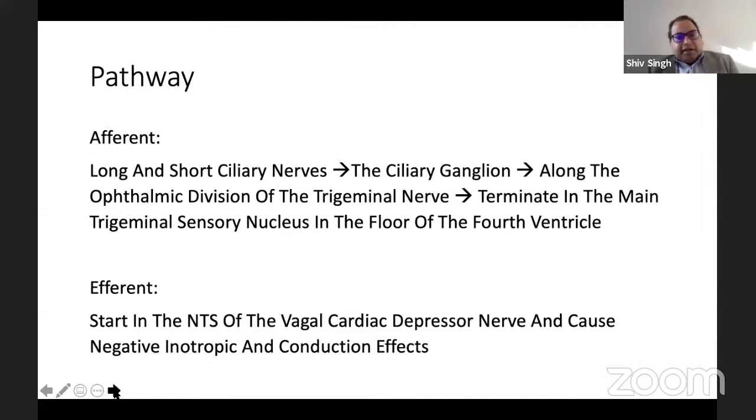They start in the nucleus tractus solitarius or the vagal cardiac depressor nerve, and then pass on to the heart, where they affect the negative inotropic and chronotropic effect, and that's why you get the bradycardia and other arrhythmias and hypotension.